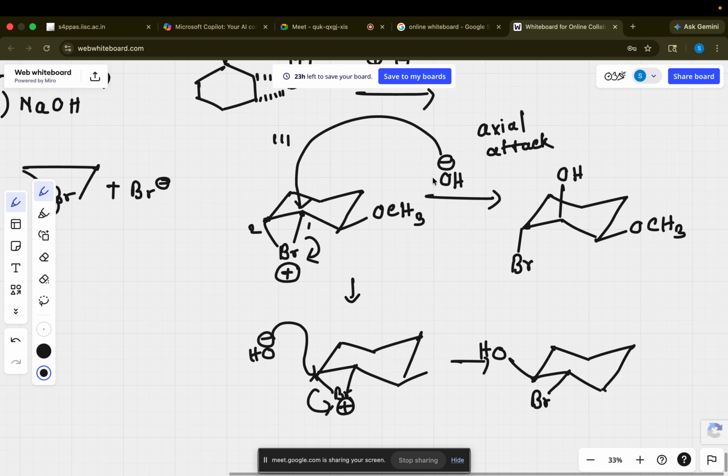If 1,3 diaxial interaction or steric hindrance is there, then equatorial attack is possible, but in most cases, if OH minus is not that bulky, it will attack from your axial side. So that will be your major product. Kaveri, clear? Yes, sir. Clear, right? Fine.